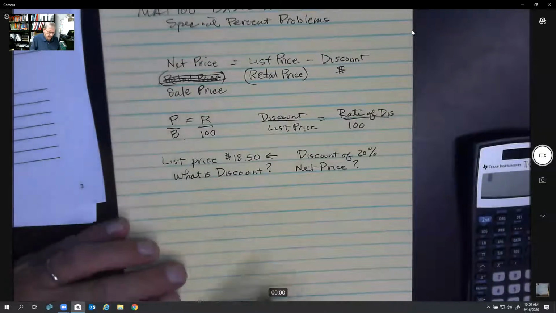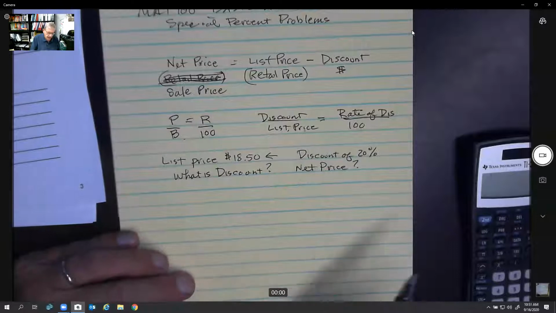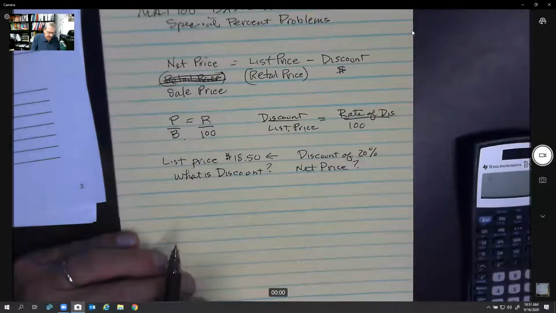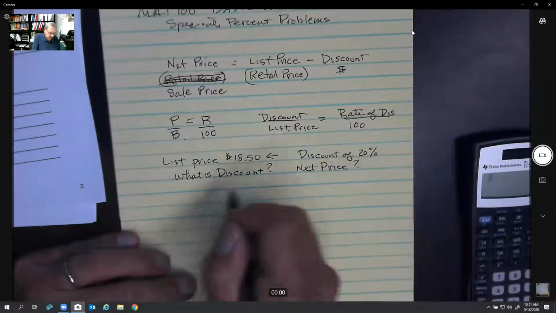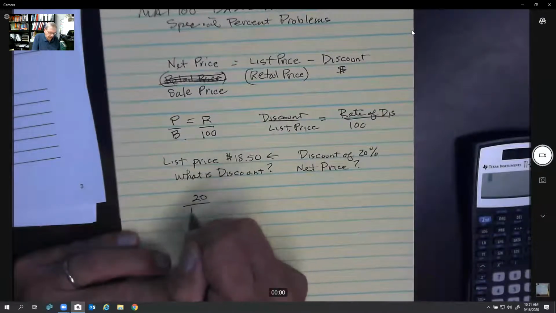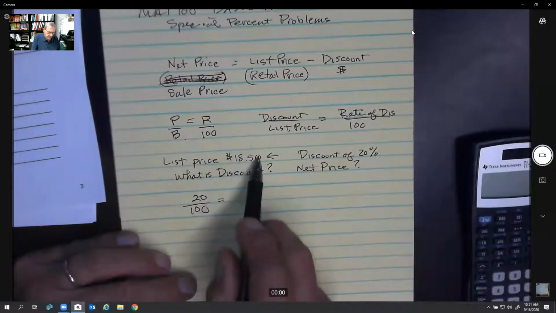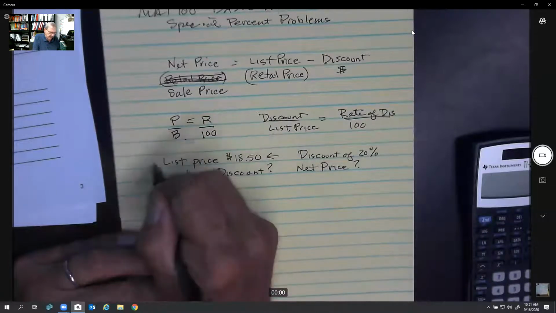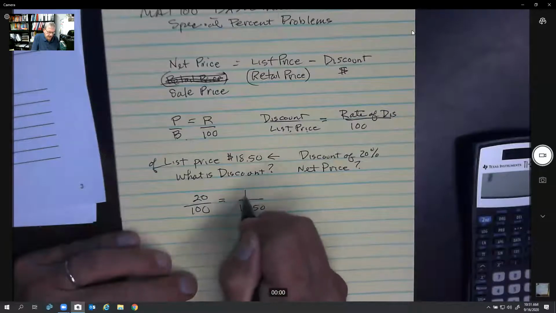Okay. I'm going to set it up two different ways. We can put the discount. Now, this is a percent, so the percent has to go over 100, right? The list price is $18.50, the total, and this is going to give you the discount.